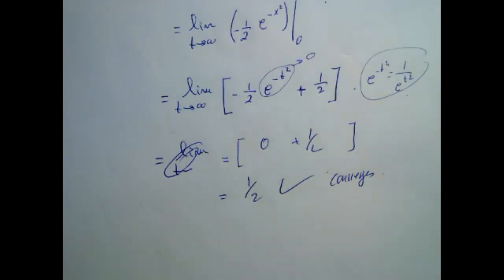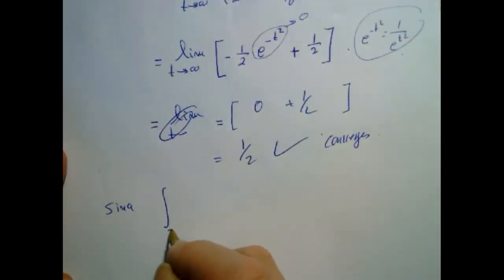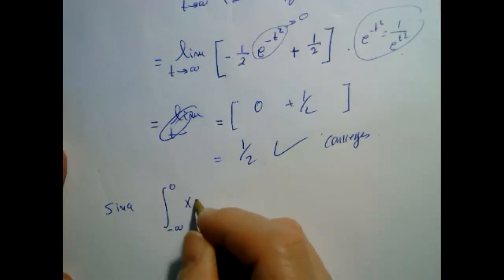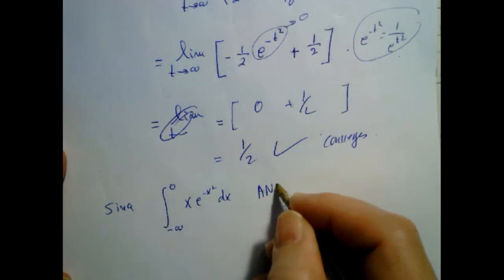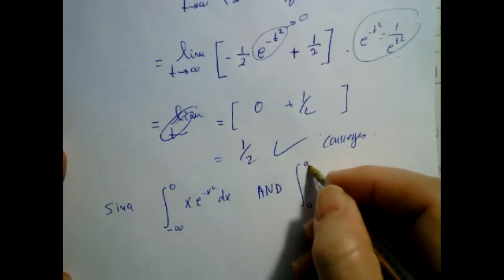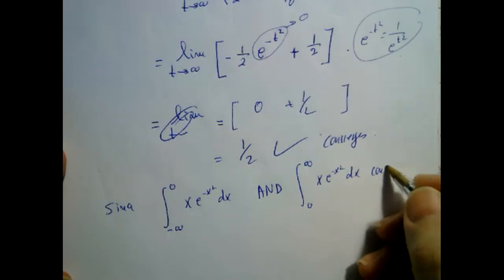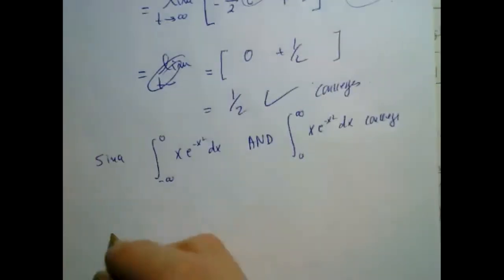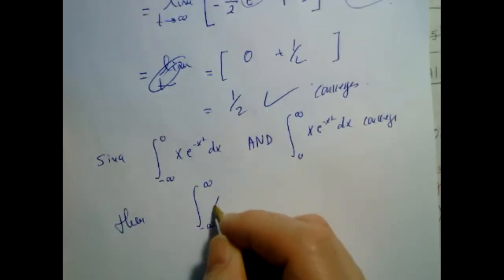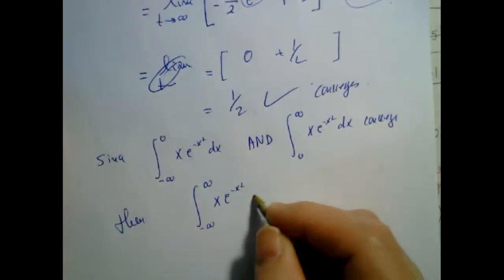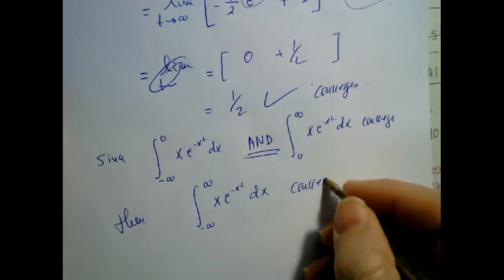So since the integral from minus infinity to 0 of x e to the minus x squared dx and the integral from 0 to infinity of x e to the minus x squared dx converge, then the whole thing converges, because both of them converge.